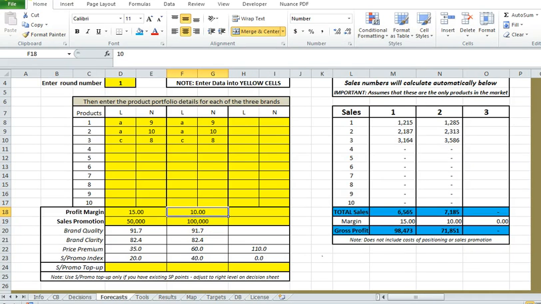Okay, so if I just reset that back to where we were, so we had that roughly even position, they're making more money than us. What would happen if we increase the price? Okay, so they're selling more, but we're actually doing a little bit more revenue. What happens if we went to $18? Again, they're selling a little bit more because it's a differential, but we're making more profit, which is more important.